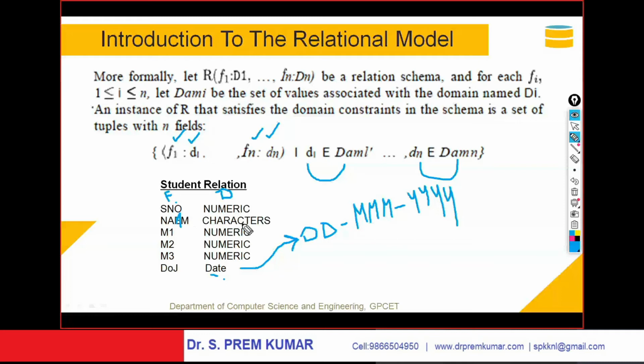Name is a character domain, that is strings. Mark 1, Mark 2, Mark 3 are numeric domains. Date of joining belongs to a date domain. So this is how we represent the data in relational algebra or while expressing queries in SQL.